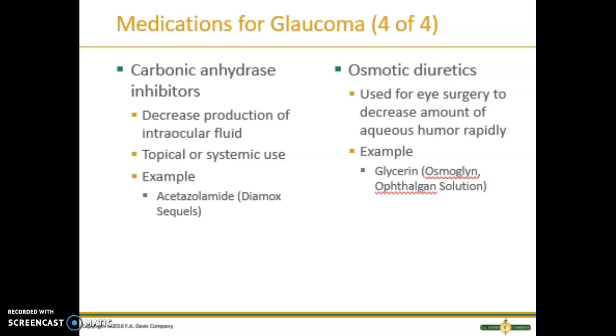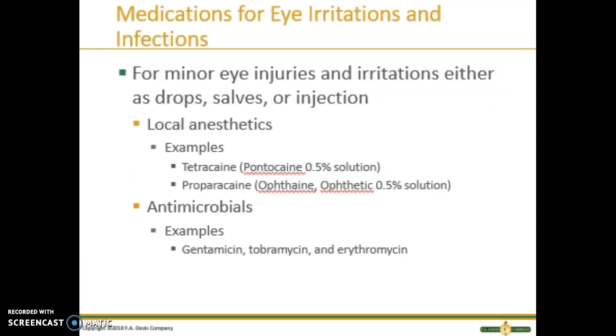So ophthalmic glucocorticoids should not be used long term because of the suppression of the immune system. And again, talking about the minor eye injuries, an example of a local anesthetic might be the tetracaine.